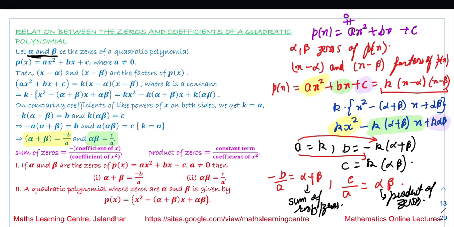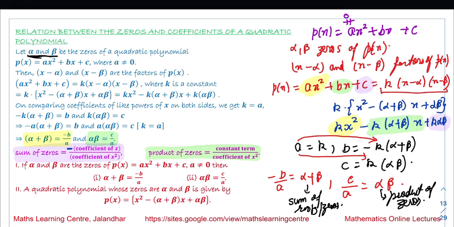When we are talking about polynomial equations, we are talking about the roots. So we have two results over here. One is that the sum of roots is equal to minus the coefficient of x over the coefficient of x square. This minus sign is important. And the product of zeros is the constant term over the coefficient of x square.